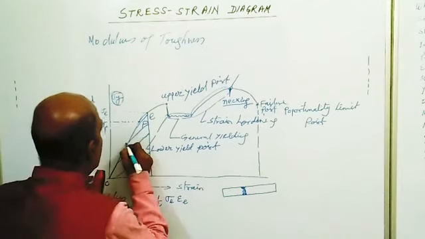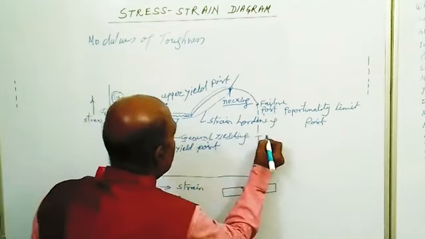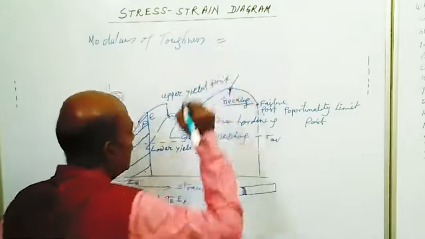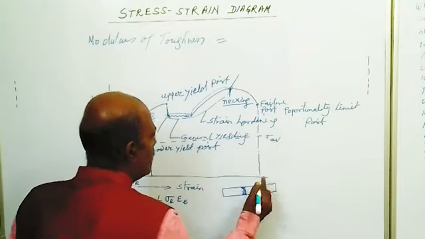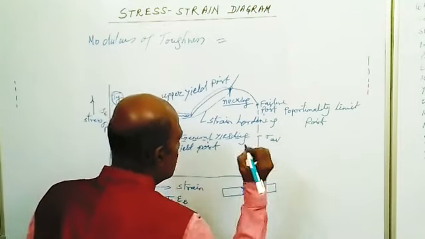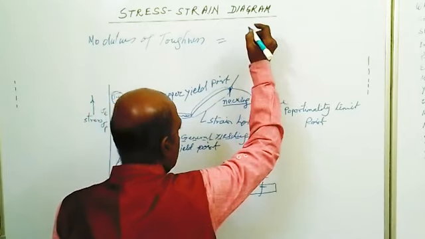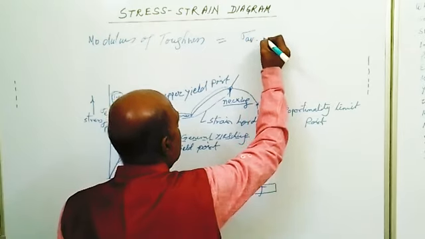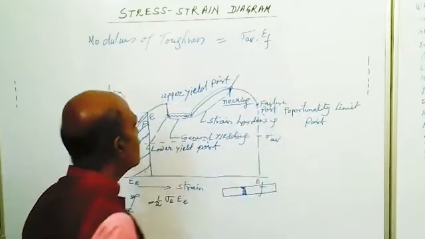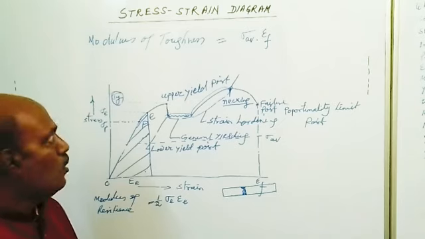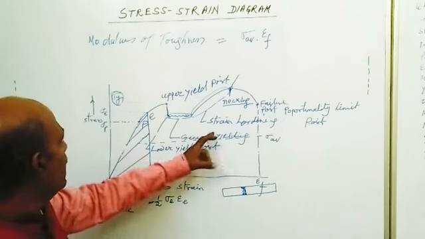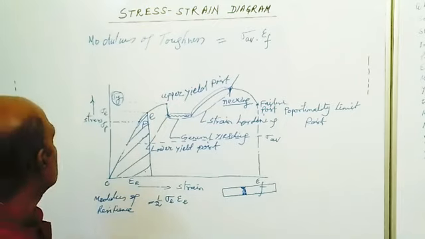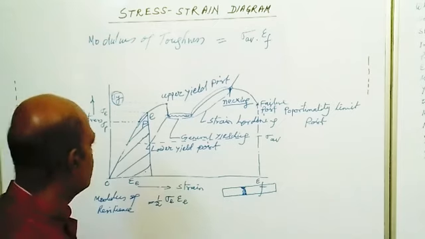So if the average stress is sigma average, then the area is given by sigma average into strain at failure point, say epsilon f. So per unit volume this area gives the energy absorbed by the body up to failure point, and this is called the modulus of toughness.